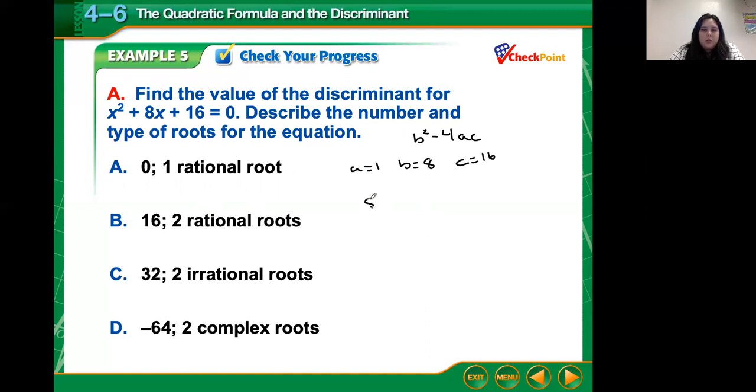So we're going to do 8 squared minus 4 times 1 times 16. So we get 64 minus 64, which equals 0. So I have 1 real root, or 1 rational root. So in this case, our answer is A.